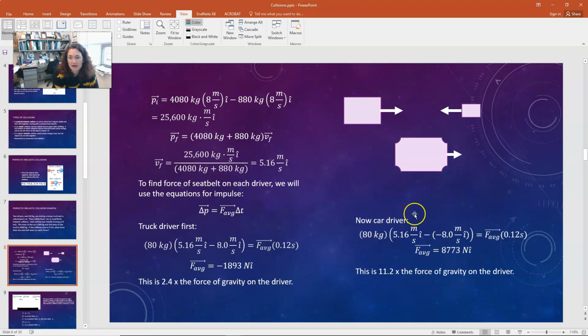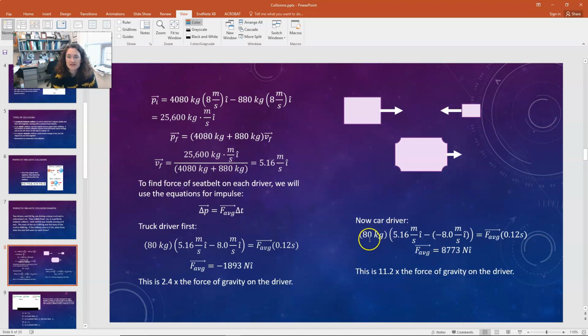Now let's look at what happens to the driver of the subcompact car. Yet again, we're going to use the impulse equation, so delta P is going to be equal to F average times delta t. Now, solving for the car driver, if we factor out the 80 kilograms, V final minus V initial would be the change in momentum, which would be 80 kilograms times 5.16 meters per second in the i-hat, minus 8 meters per second in the i-hat, because remember, initially the driver was traveling to the left, which is minus 8, right?